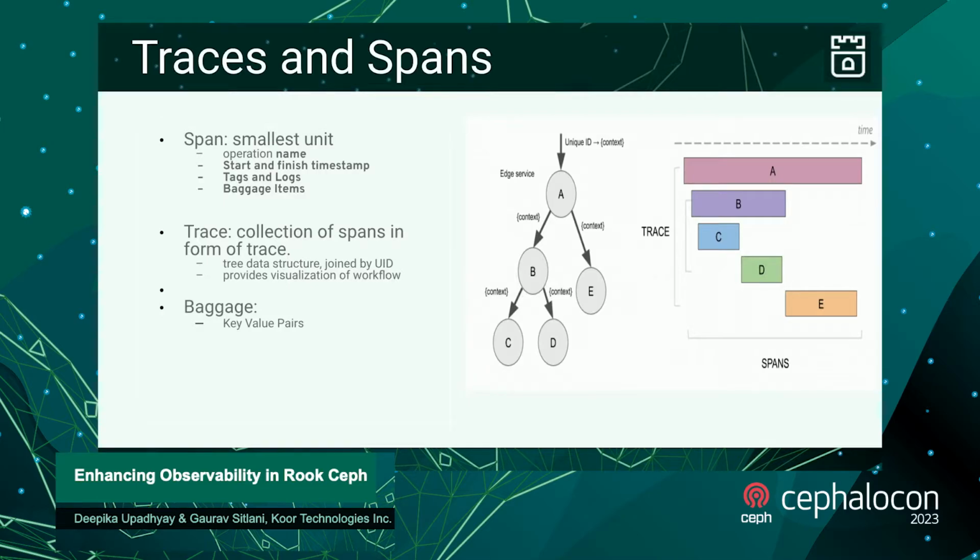It takes these spans and maps them: okay, you are the parent, you are the child of this unit. That way, we get all the metrics as well as the context propagation, along with the dependencies and workflow of the code.